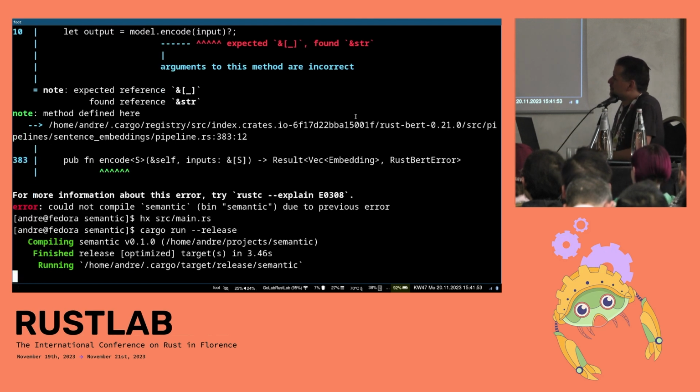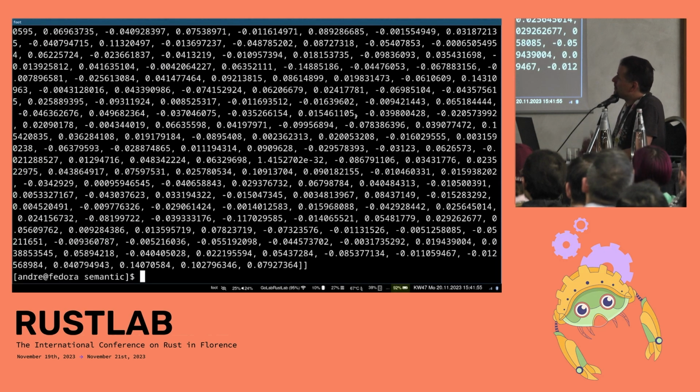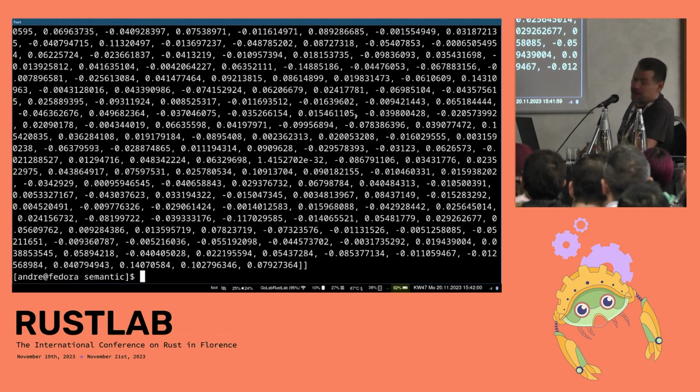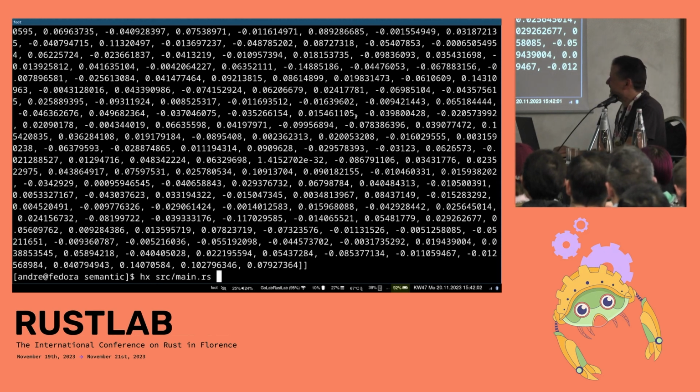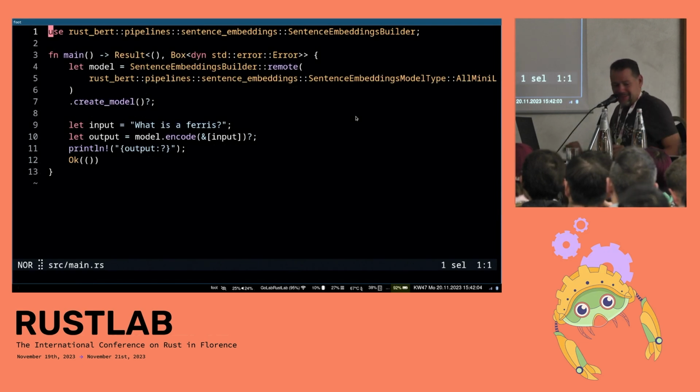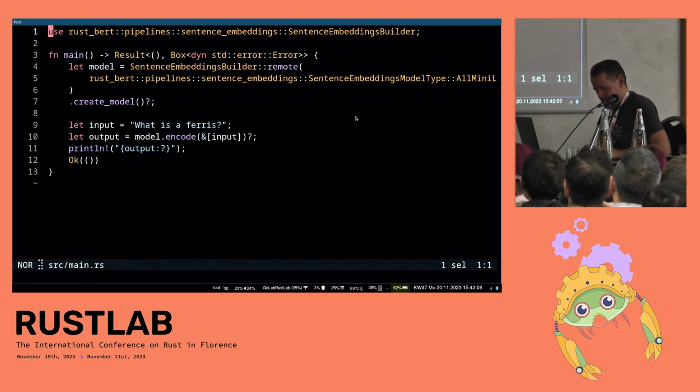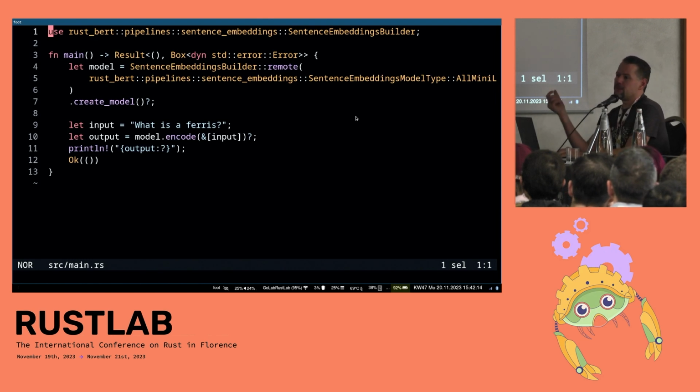And then if that works, we'll have our embeddings, which are not very interesting. That said, what we can do with them is we can insert them into a vector database, such as Qdrant.